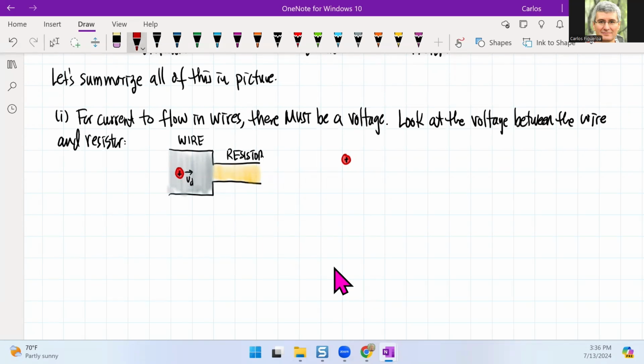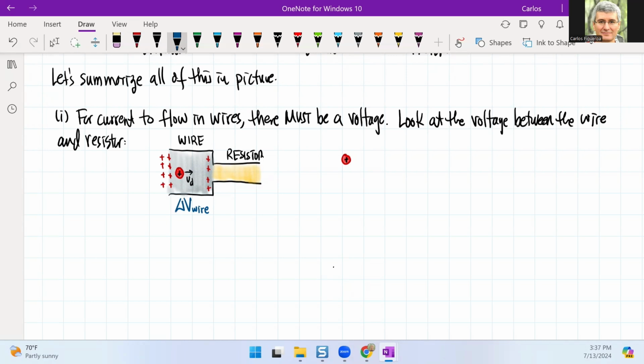This guy has to have a smaller charge, and this guy has to have more charge. When I have more charge, we've now developed a voltage along the wire. So that wire tells us that it has a small voltage across that.